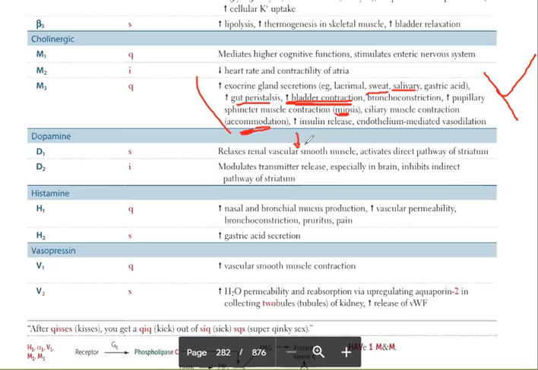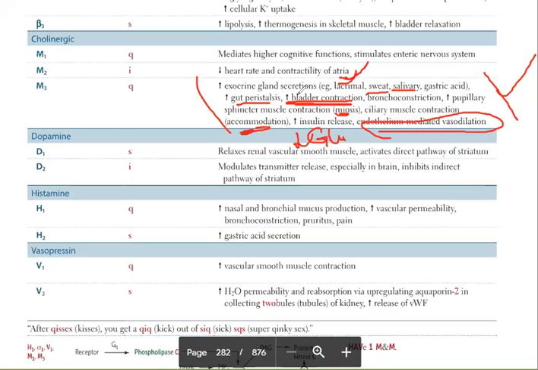Decreased level of glucose, because when the insulin is released more, the glucose is decreased. Excessive sweating also because of the vasodilation process, excessive lacrimation, more and more tear production.